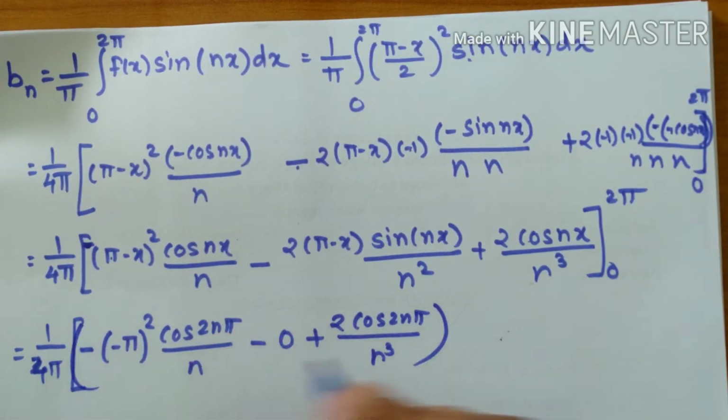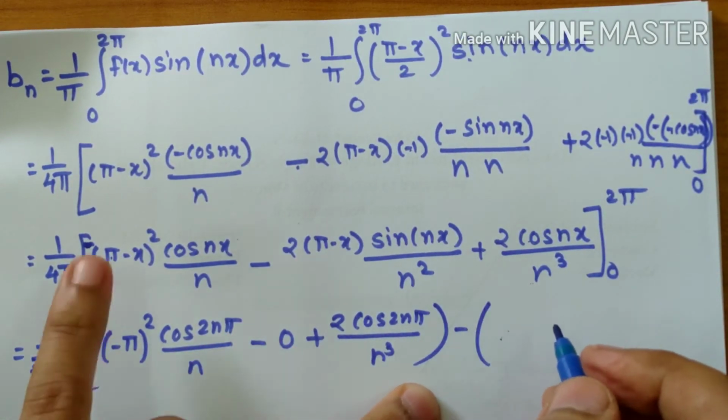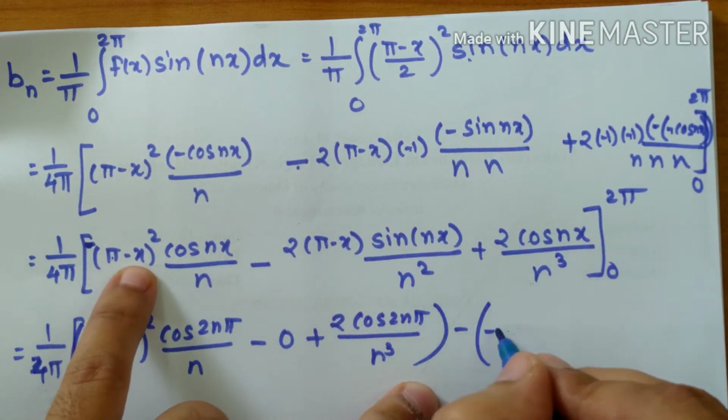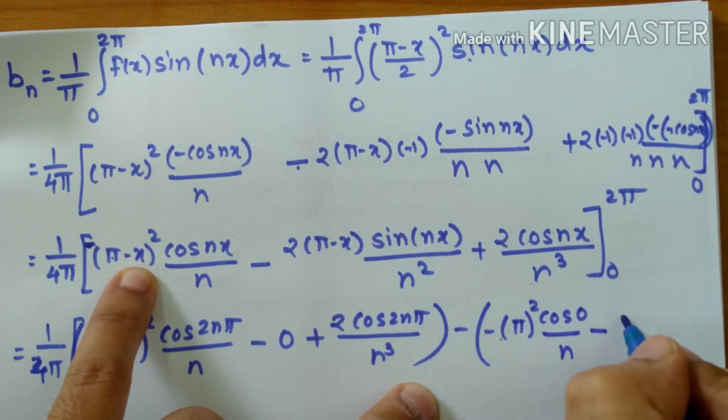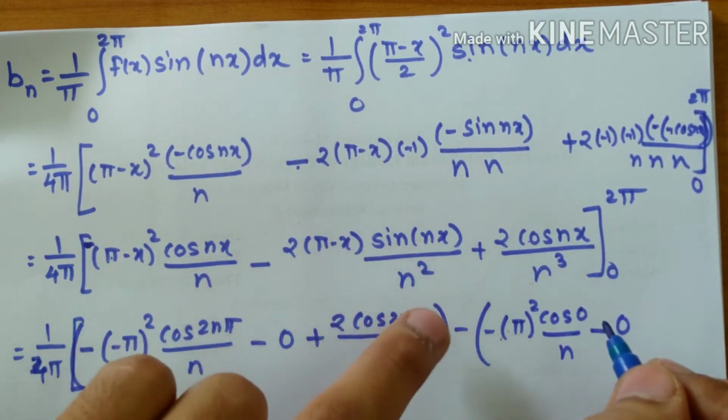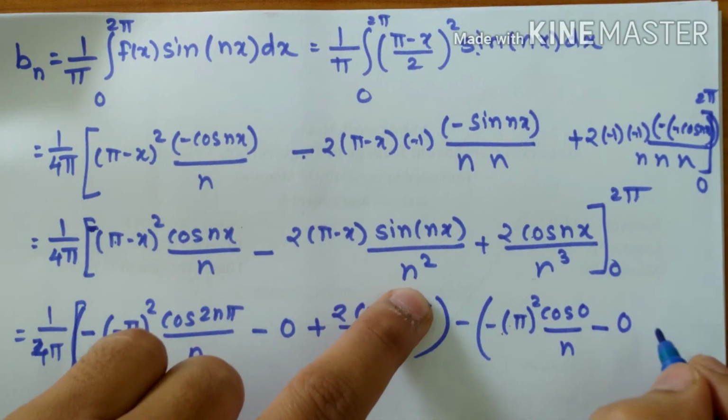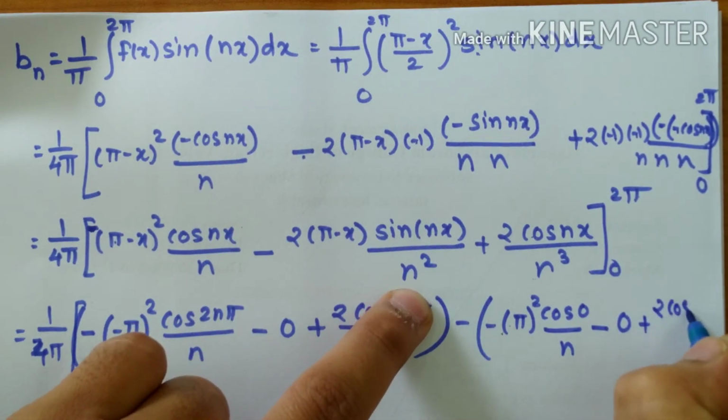This is for the upper limit, minus for the lower limit. We substitute 0 here, so pi square into cos 0 upon n. The second term again is 0 because sin 0 is 0, plus 2 times cos 0 divided by n cube.